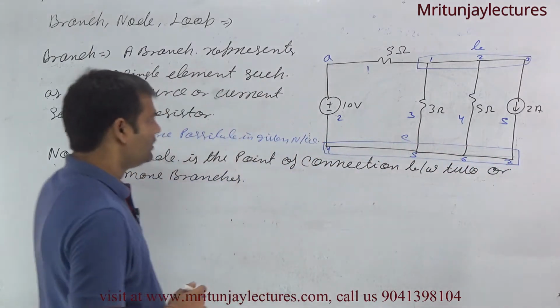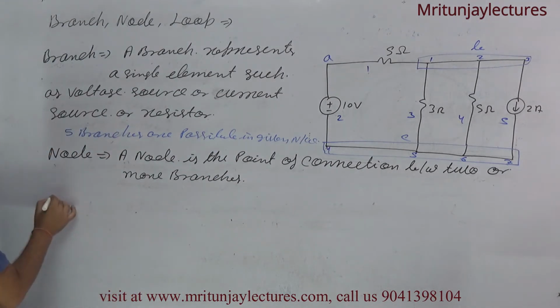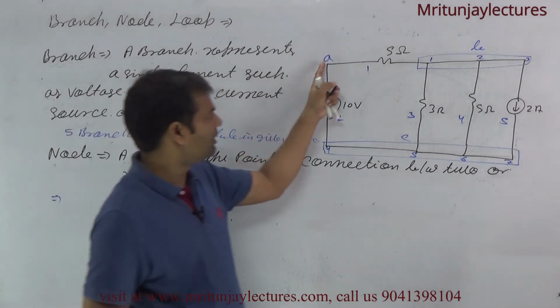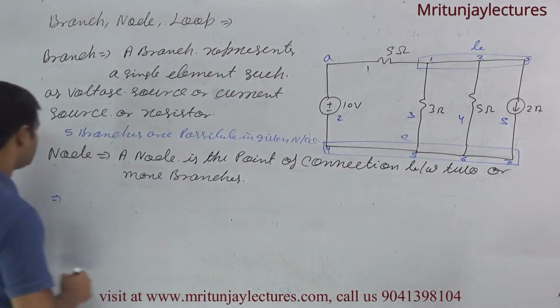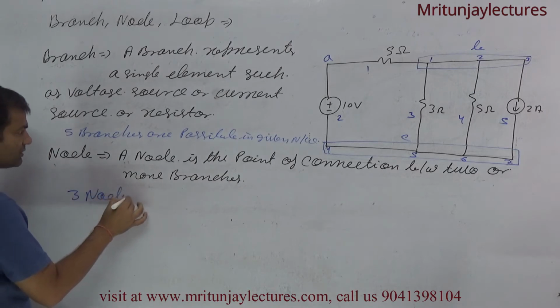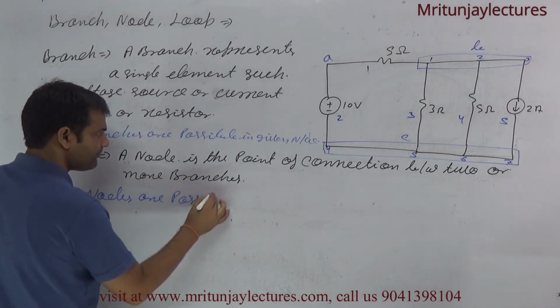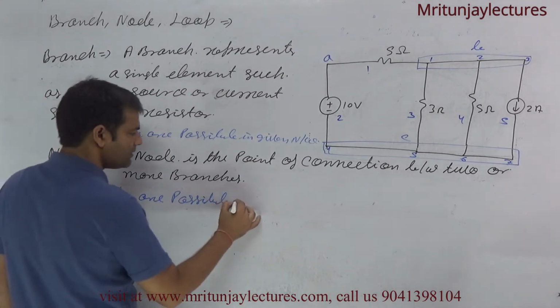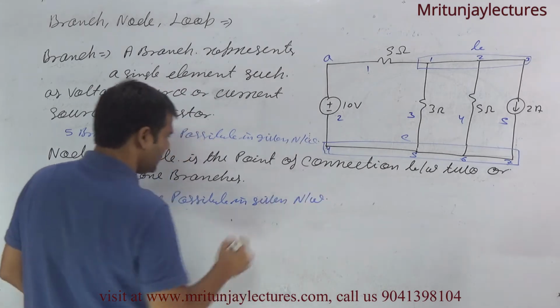So how many nodes are possible here? That is 3 nodes, 1, 2, 3. Only 3 nodes are possible in the given network. Clear?